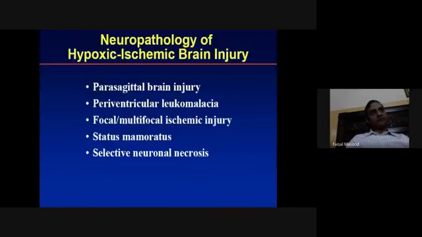In the next lecture, we will go through the different surgical aspects of cerebral palsy. Then we will go to poliomyelitis. Then we will go to the myopathies, neuropathies, muscular dystrophies. So then there are different paralytic conditions.